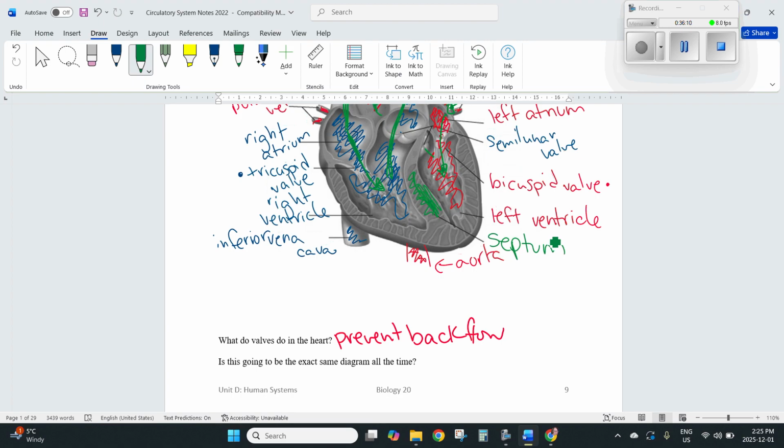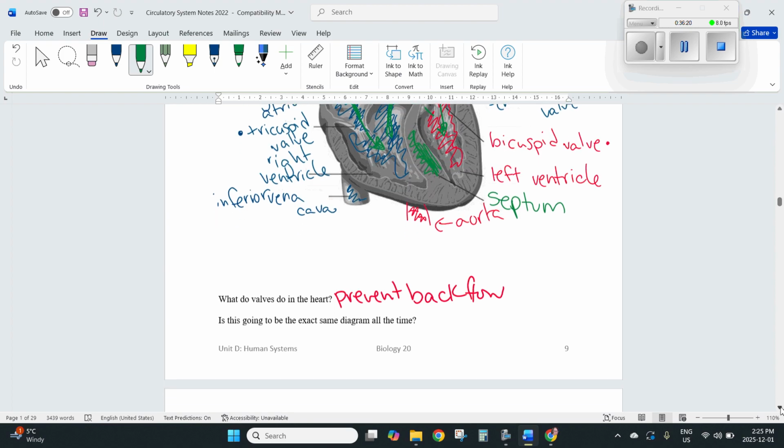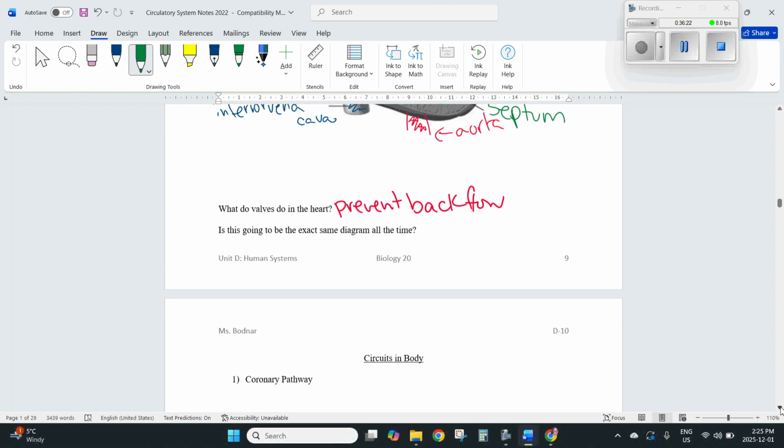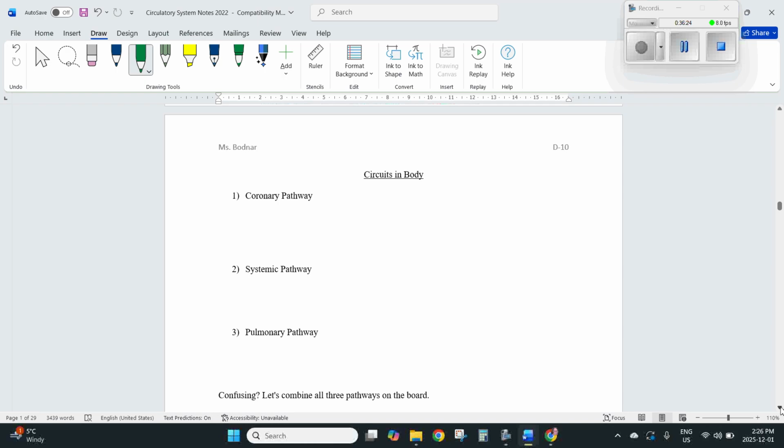So that being said, on the next page, it's asking you to draw in the different circuits located in the body. This is where we have the different connections between the different parts of the body.